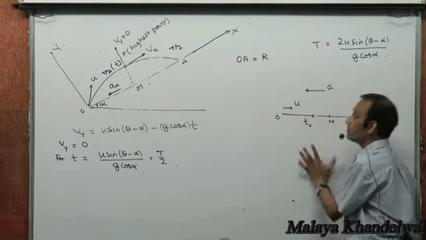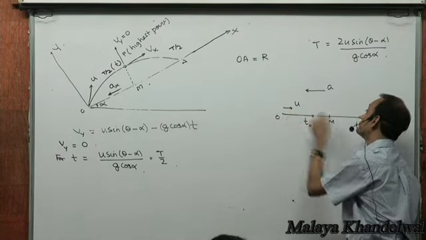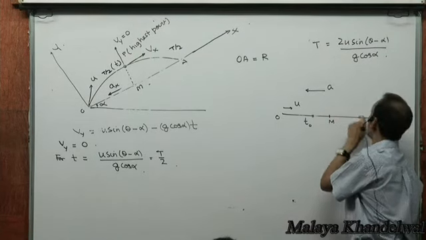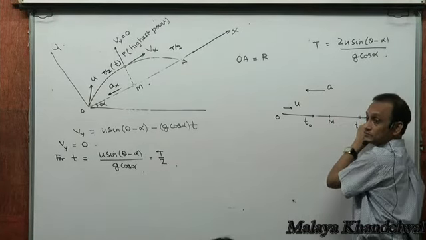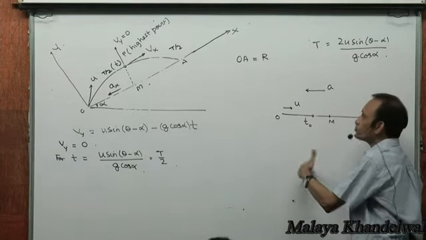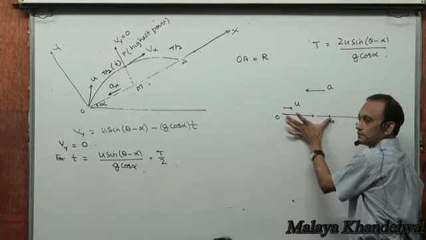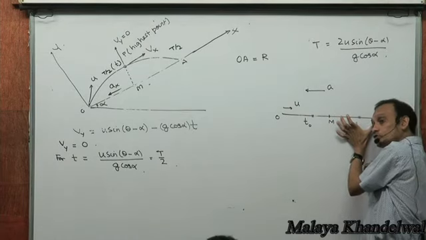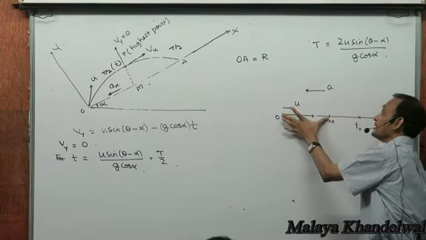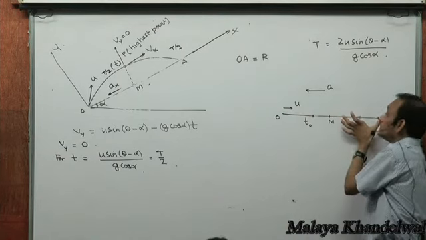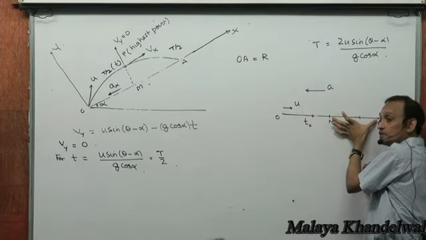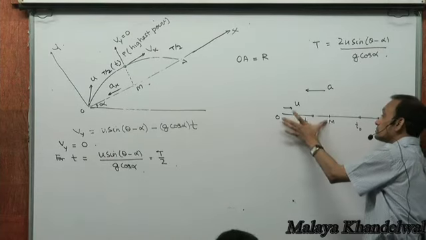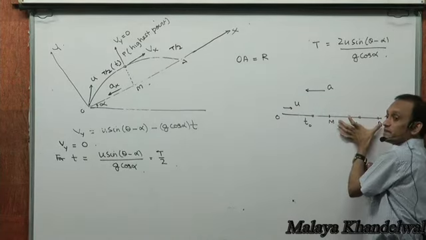OM should be more, because the velocities here are higher than the velocities here, since it's continuously retarding. So in the same time the displacement here has to be more than the displacement here. Yes or no? Because the velocities here at every instant will be higher than the velocities at the corresponding instant there, so displacement here would be higher than the displacement there.